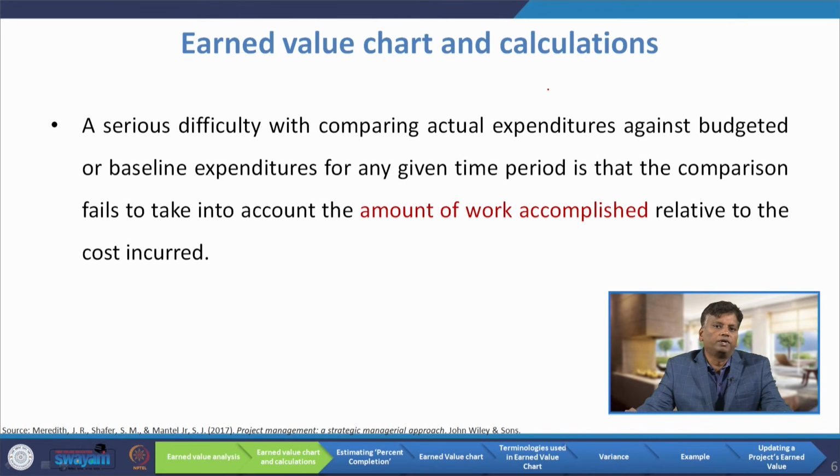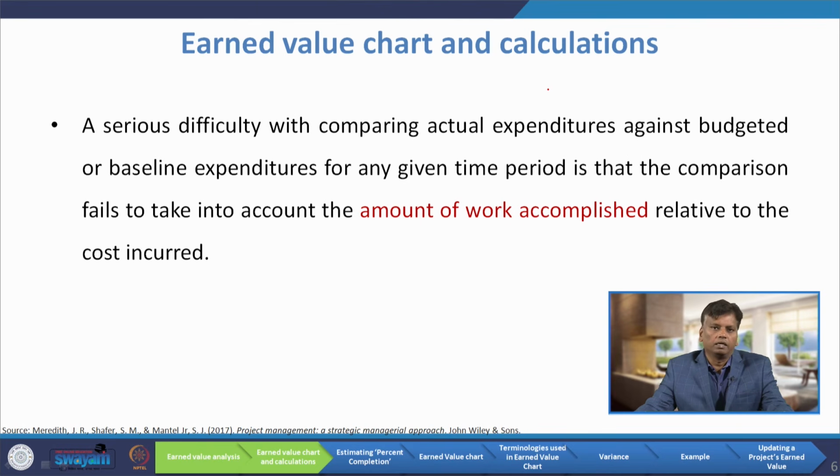A serious difficulty with comparing actual expenditure against budgeted expenditure or baseline expenditure for any given time period is that the comparison fails to take into account the amount of work completed relative to the cost incurred.